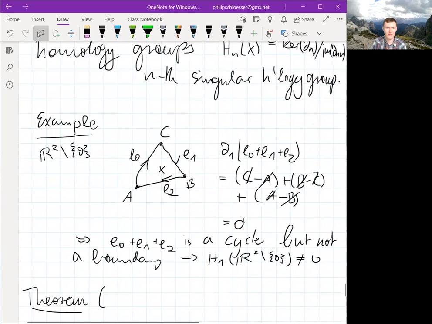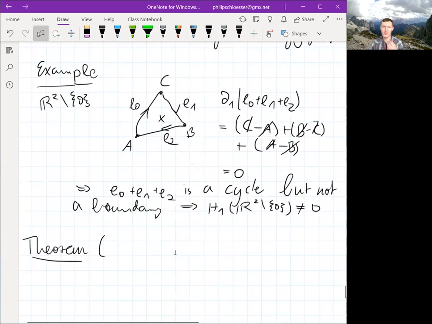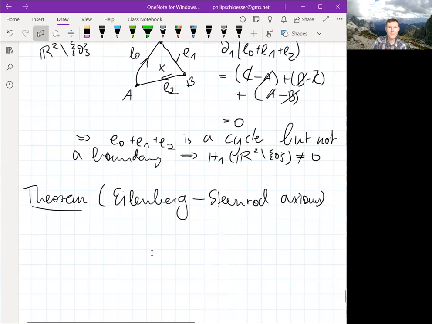And also, by definition, we are working with abelian groups here, so everything is already a bit nicer from the outset. Well, what are these axioms? Those axioms are called the Eilenberg-Steenrod axioms, and they are as follows.